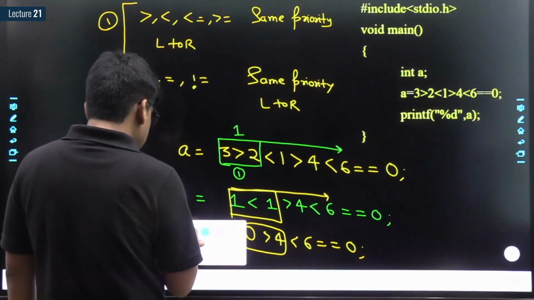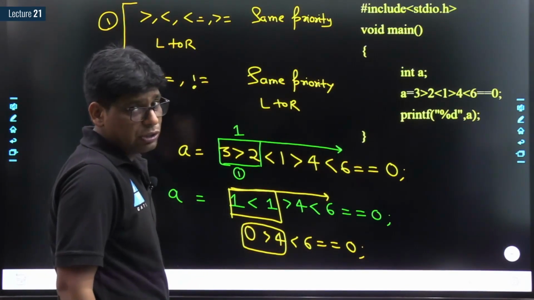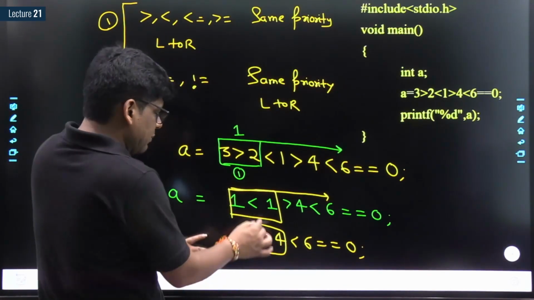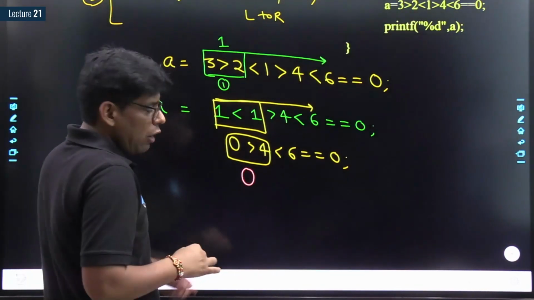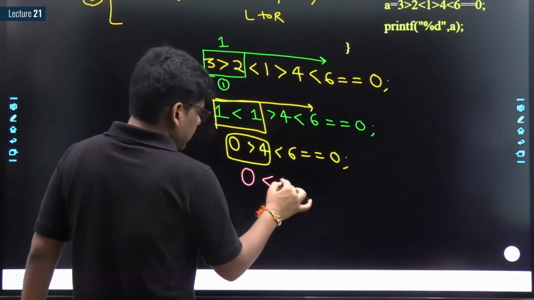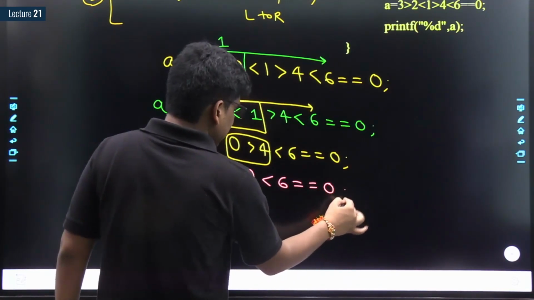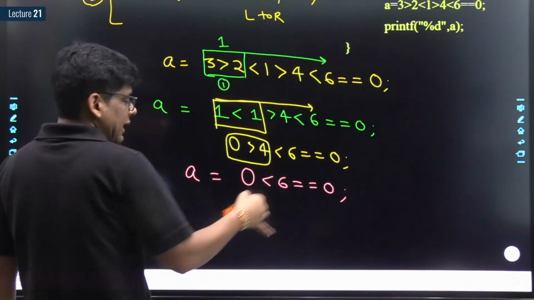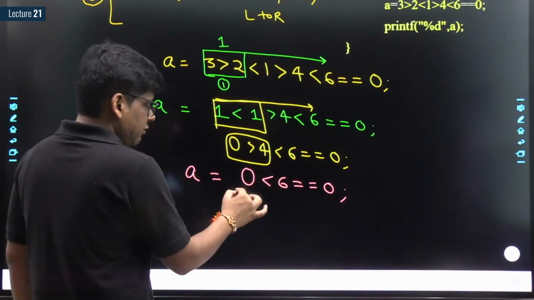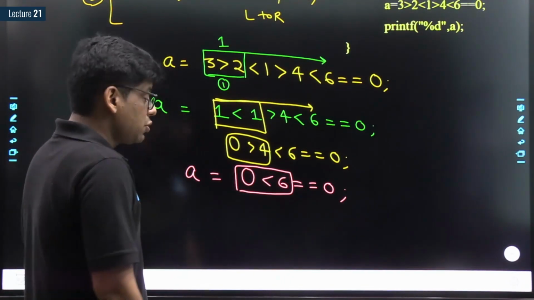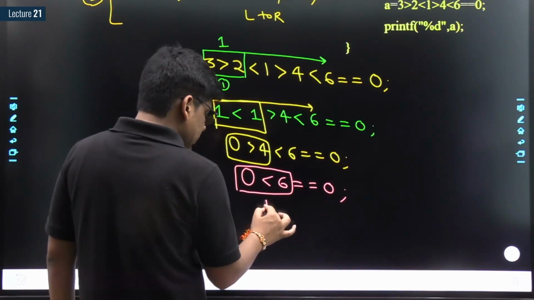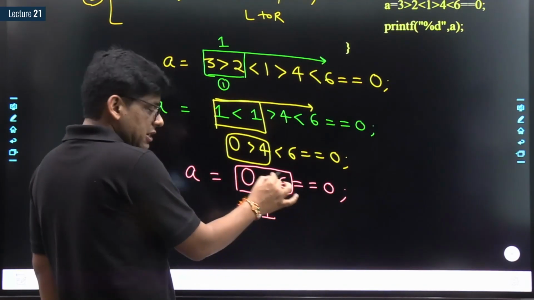Is it true or false that 0 is greater than 4? Sir, 0 is not greater than 4. That means this is false, and the output of this is 0. So, the remaining statement looks like this. Again, we will perform this. Is it true that 0 is less than 6? Yes, it is true. That is why the output of this relational operation is 1.